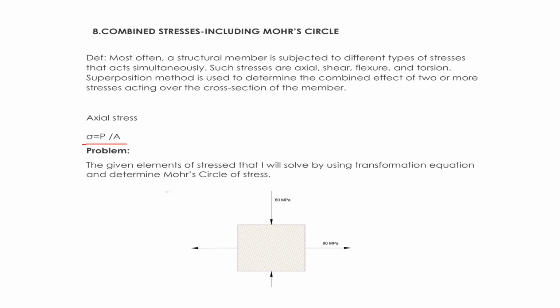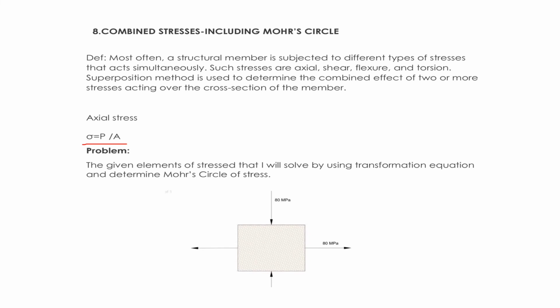Let's consider the problem solving. Let's say the element stresses acting on this combined-stress beam will be used for the transformation equation and determining the Mohr's circle of stress. So I give here 80 megapascal going forwards and 80 megapascal going backwards.